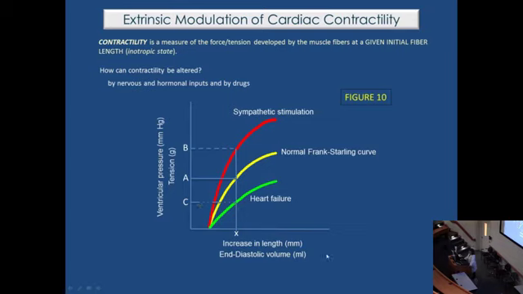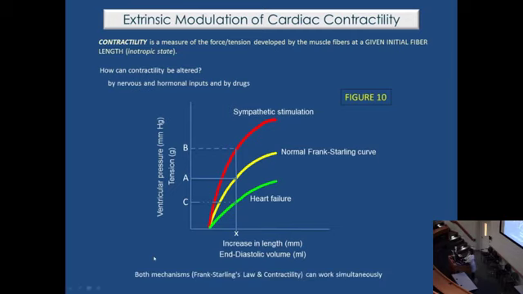So now you can see the interplay of the length-tension relationship and the contractility. Do you see that? See contractility increasing without changing the length of the cardiac cell. Yeah?